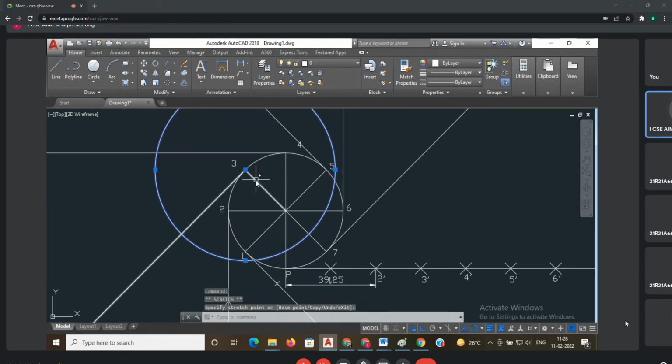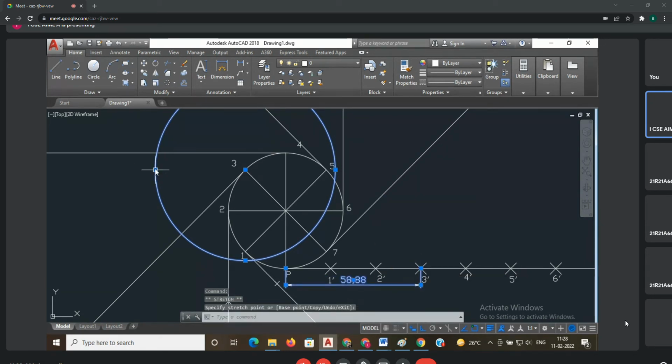Then again, you have to change the radius also. From where, how much radius do you have to select? P to P3 dash. Okay, P to 3 dash. First measure the P to 3 dash radius and then take it.